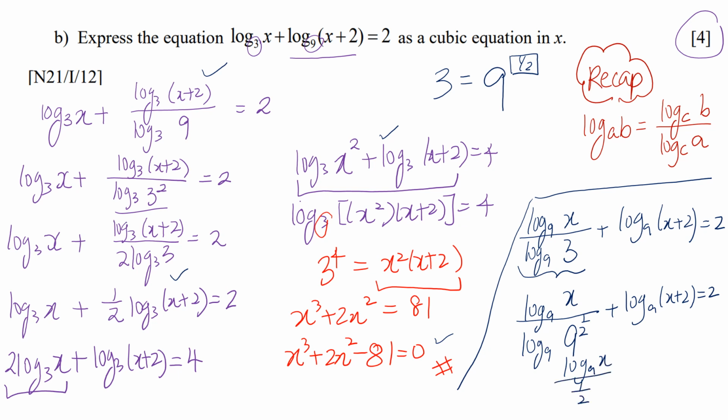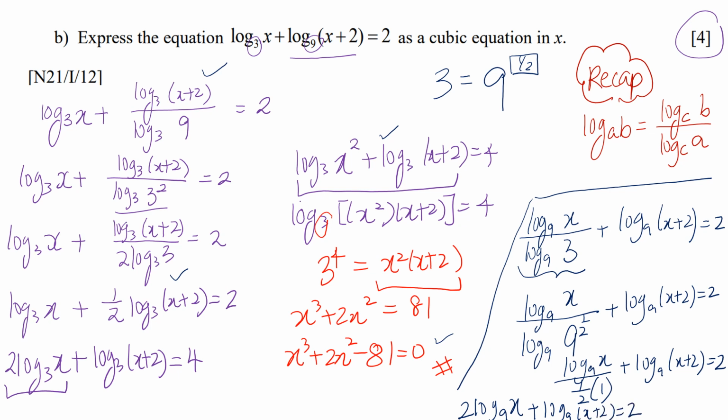Log 9 base 9, which is practically 1. And you have log x base 9 divided by half. That will give you 2 log base 9 x plus log base 9 x plus 2 equals to 2.